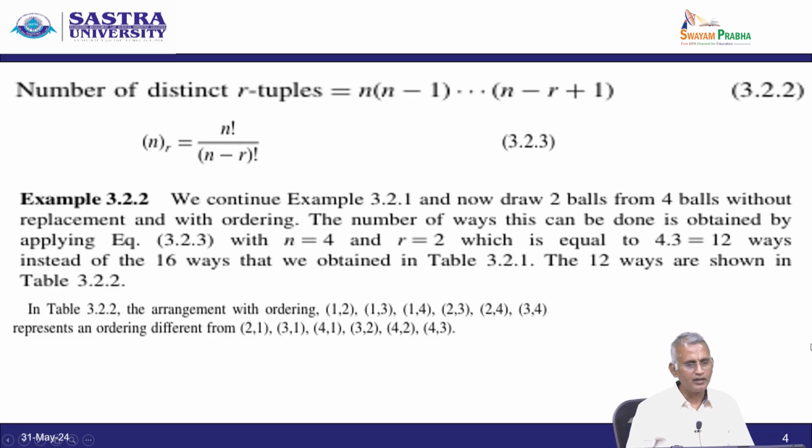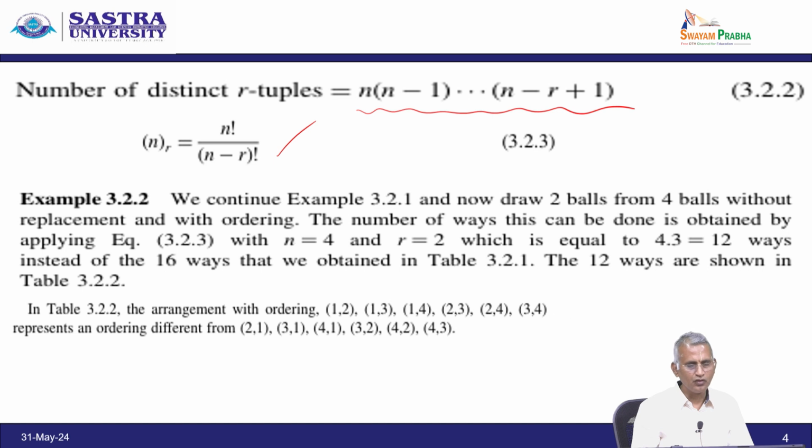Now, we have the combination. The number of distinct r-tuples can be written as n into n minus 1 into ... into n minus r plus 1. Therefore, nCr equals n factorial by n minus r factorial. For example, take the previous example and we now draw 2 balls from 4 balls without replacement and with ordering. The number of ways this can be done is obtained by applying the formula.